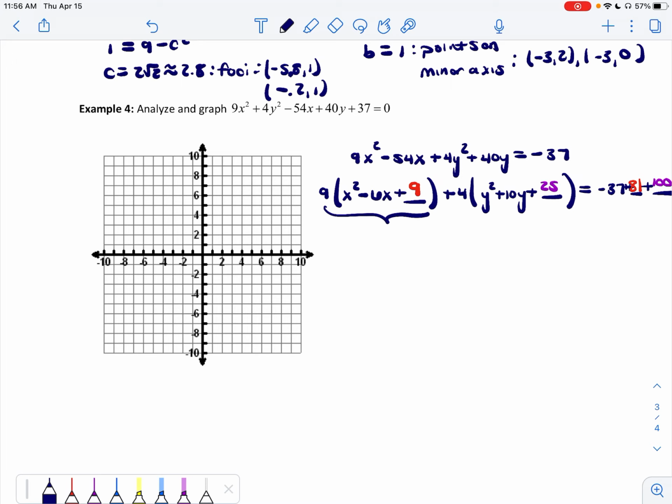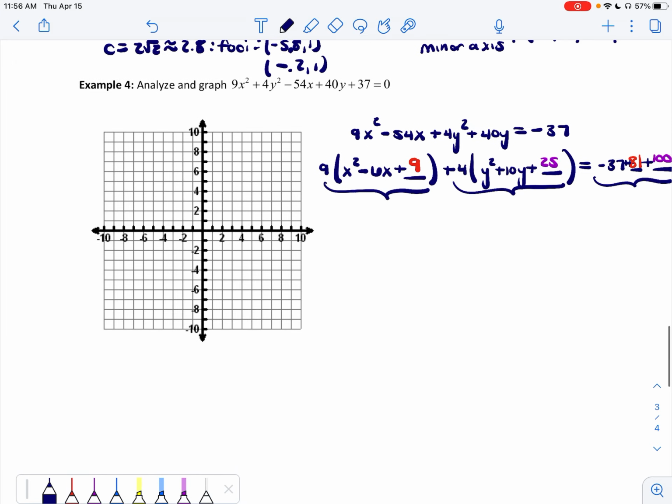So 4 times 25 means we're adding 100 to the right-hand side. All right, guys, so now just go ahead and factor and simplify. So we're going to get 9 times x minus 3 quantity squared plus 4 times y plus 5 quantity squared. And then if we add up our right-hand side, we get 144.